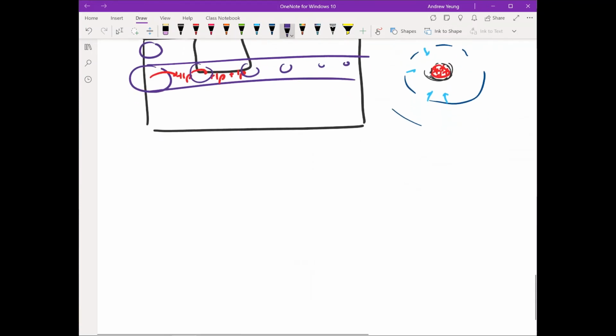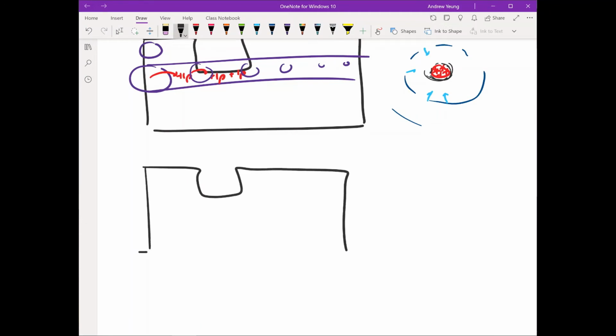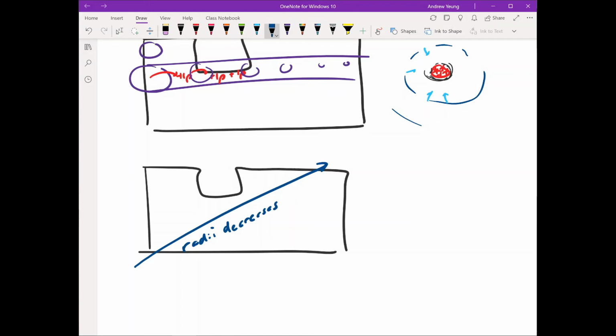So if I just want to summarize that there, based on this as a periodic trend, okay, the reasoning has to do with this attraction here to the nucleus. It's not just, oh, I memorized the size is tiny, but in our case here, we can say the radius decreases. Radii is plural for radius. The radius decreases, the radius drops. As I point upwards here, it's because I have less shells. So I go from having 6 shells to 5 to 4 down to 1.